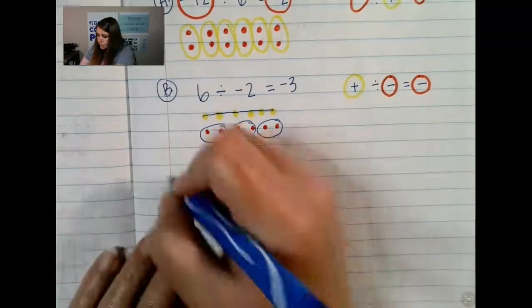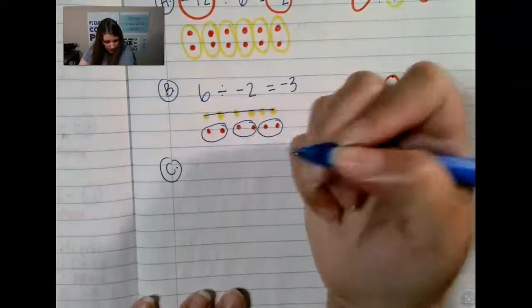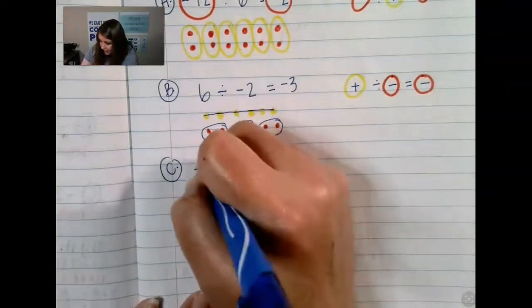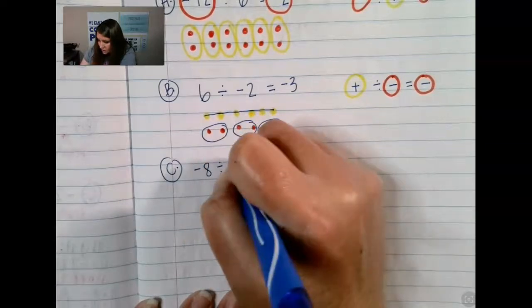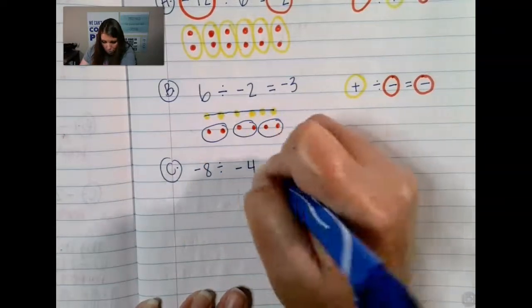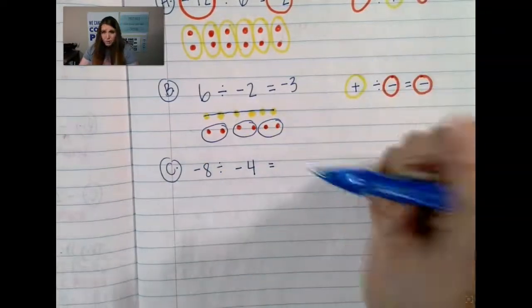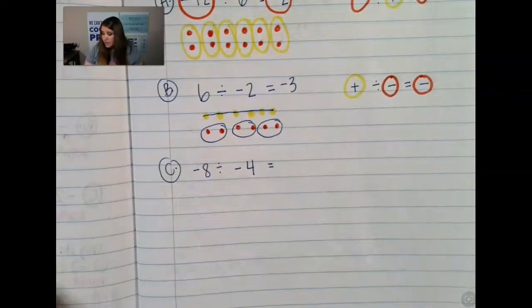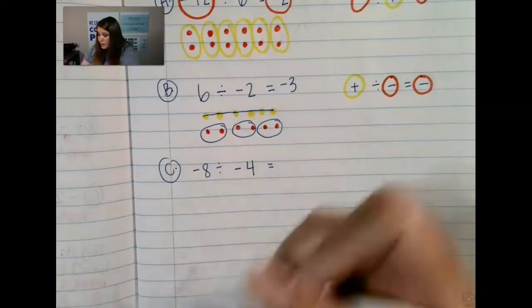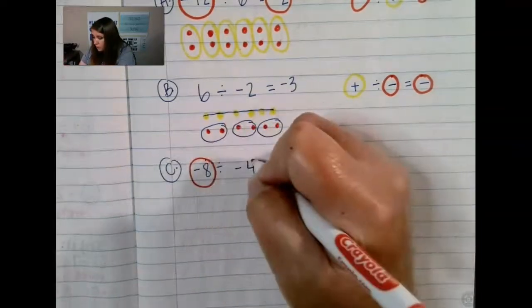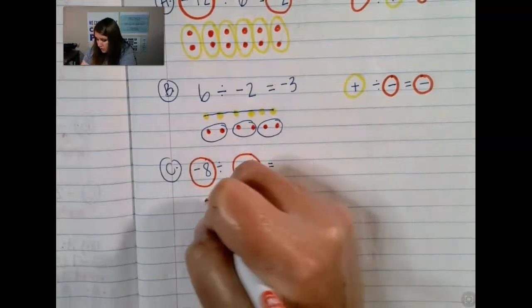All right, last one. If I have -8 and I divide that by -4, how many groups am I going to make here? I have -8 and I want groups of -4.